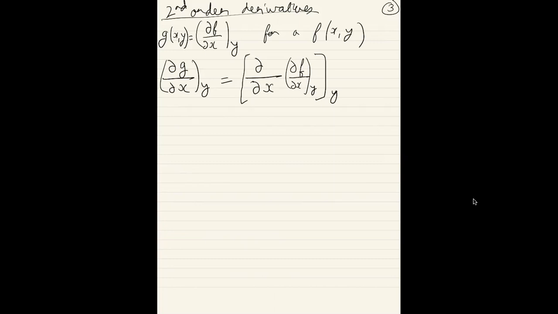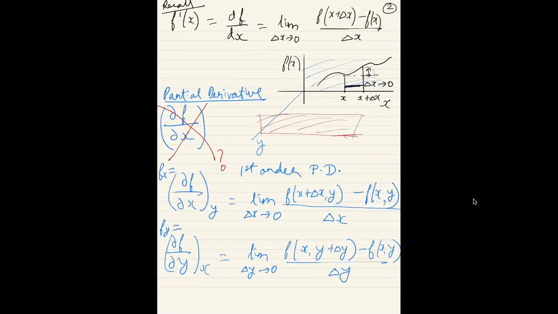So this is our first order partial derivative with respect to g, but it is actually a second order partial derivative with respect to x, with respect to f, because we have 2 delta. So this delta or nabla symbol, this thing is called delta or nabla, if I got it right.